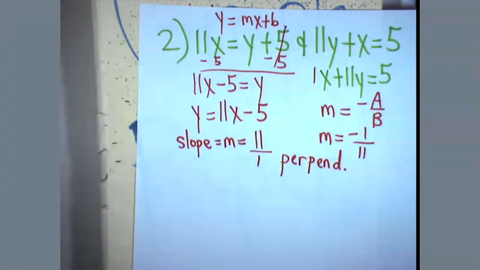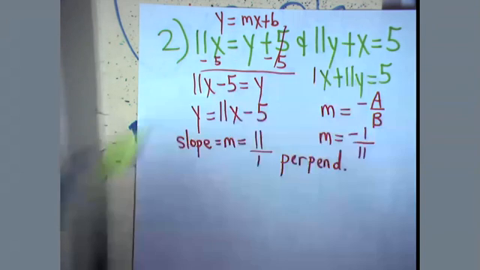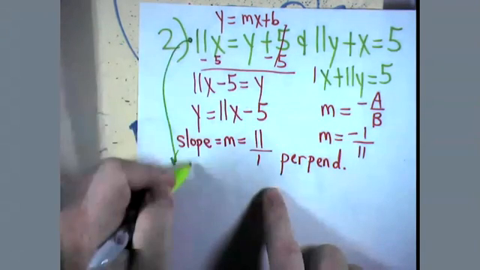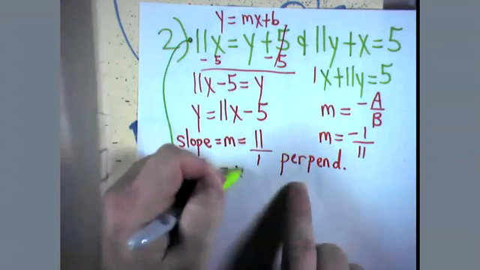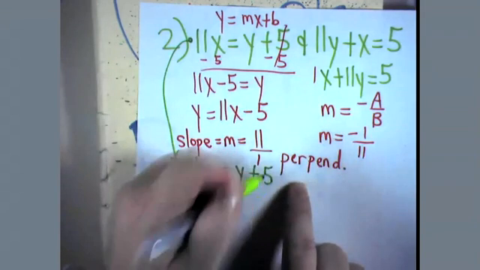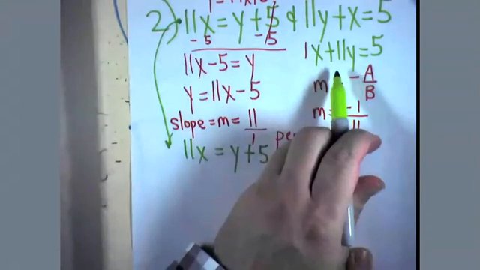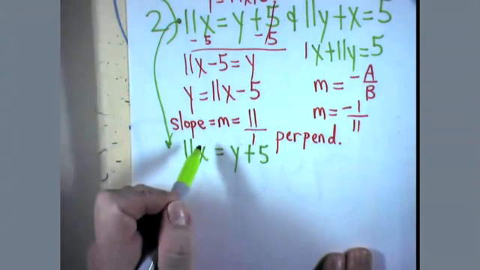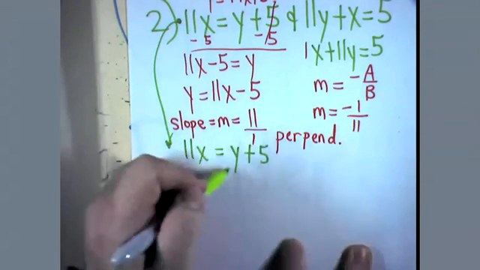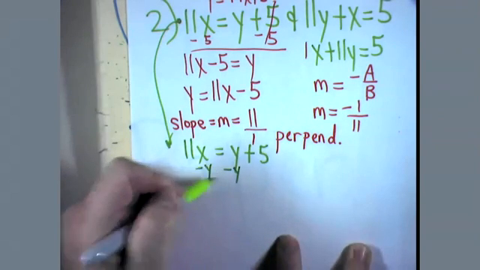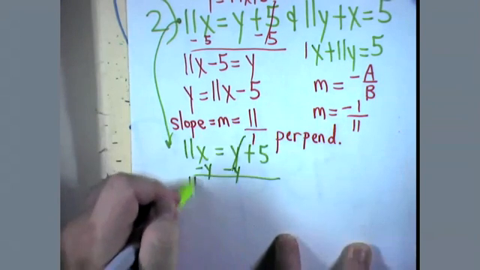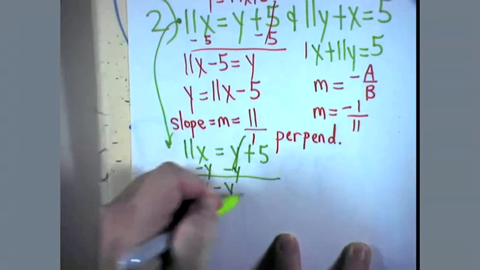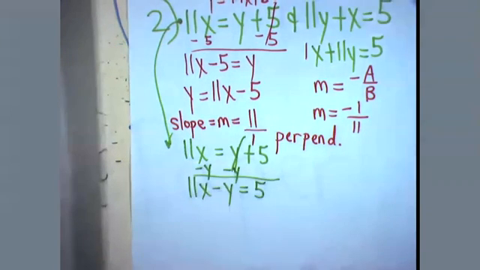As I said, if you wanted to, with the first equation, you could keep it in line with this one since it's in standard form already. We can move the y to the left-hand side by subtracting y from both sides. So we have 11x minus y equal to positive 5.